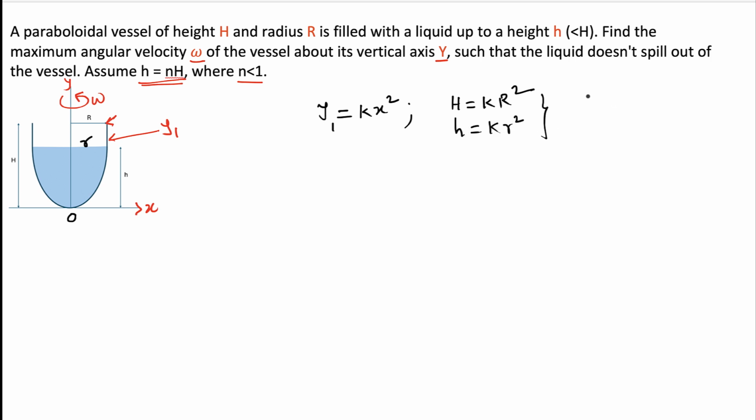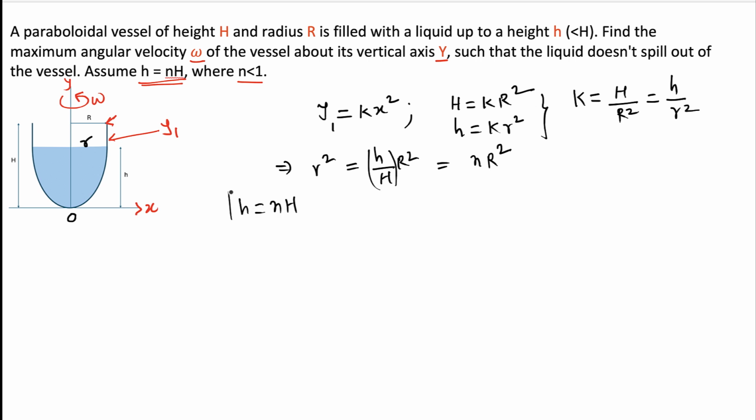So using these two, we can have k equal to H by R square, or also small h by r square, which means that r square is h by H times R square, and this ratio is given, if you see here, which is n. So n R square. So we have two identities that we can write, h equal to nH, and also r square equal to n capital R square. Okay, so far so good.